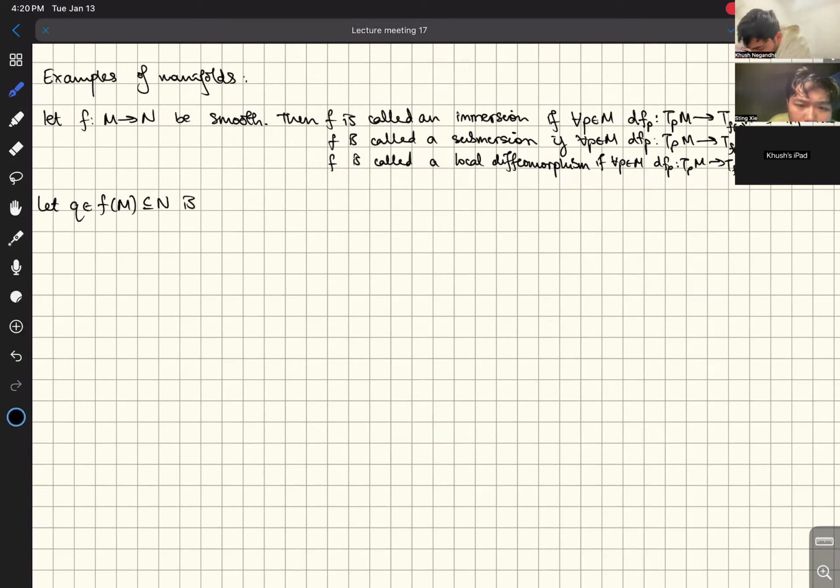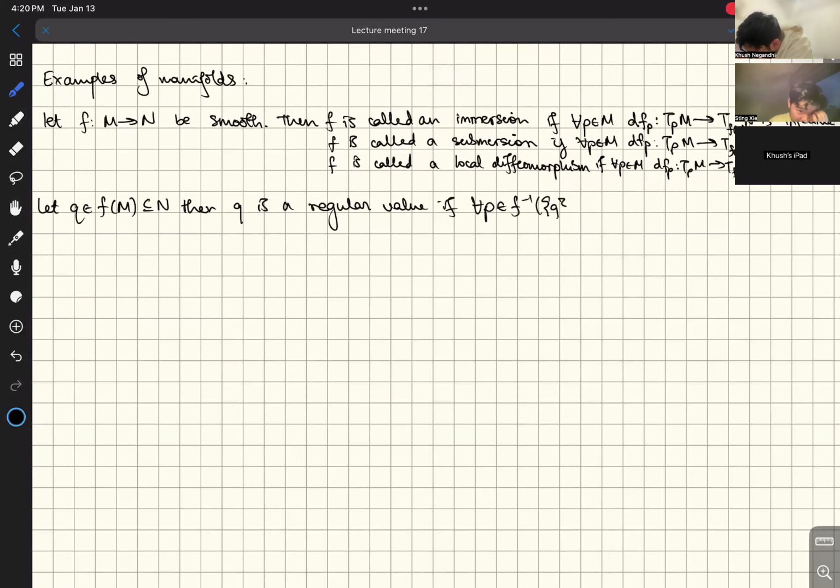Then q is a regular value if for all points p in the preimage of q, df_p from the tangent space into the tangent space is surjective.